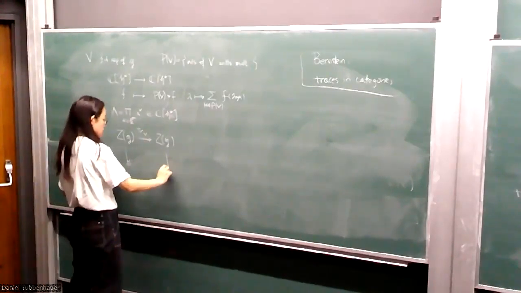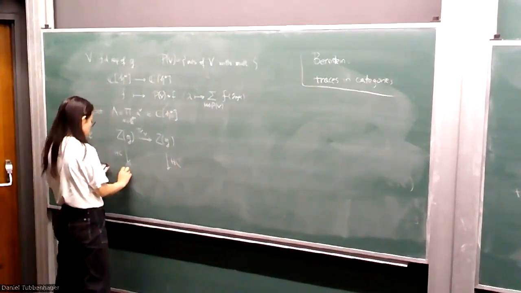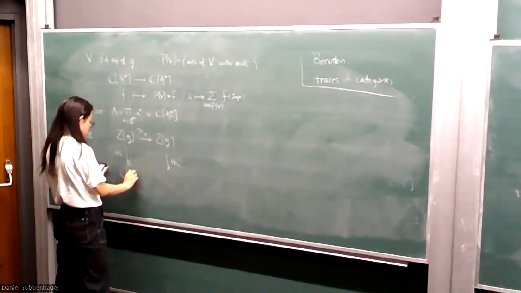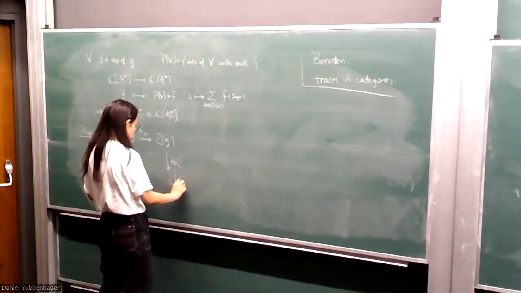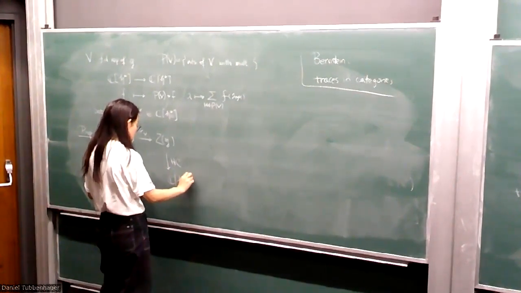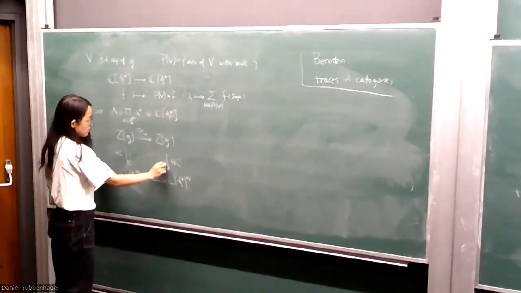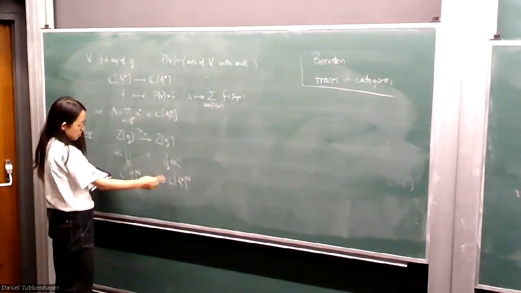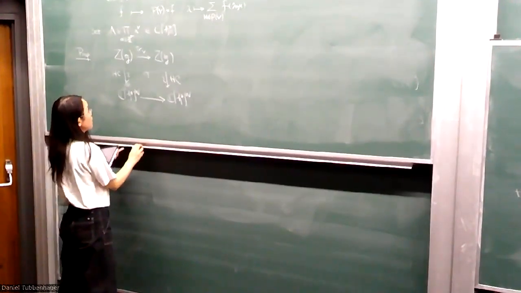Here we have the Harish-Chandra map that goes to the invariants in C[H star], and these are isomorphisms. And so there's a unique map making this diagram commute. And this map is given by the following.